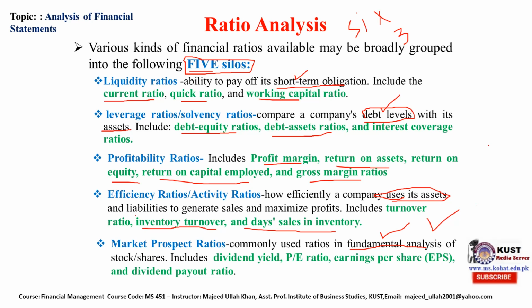It is purely based on the time series of the shares. So in fundamental analysis, these ratios have a key role. These include dividend yield, price earning ratio, earnings per share, and dividend payout ratio.